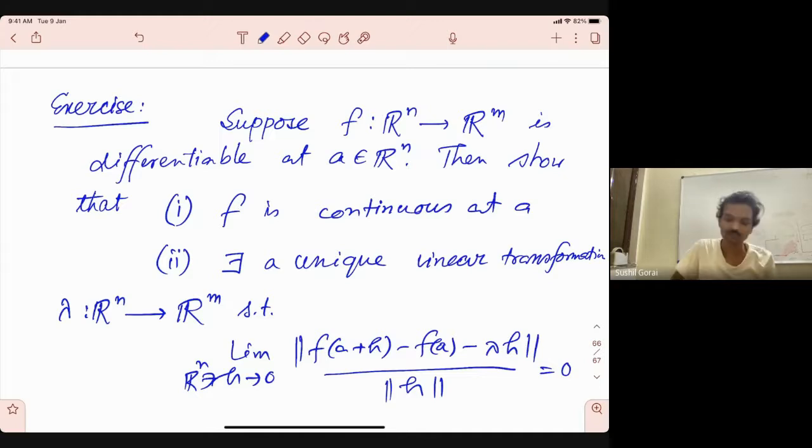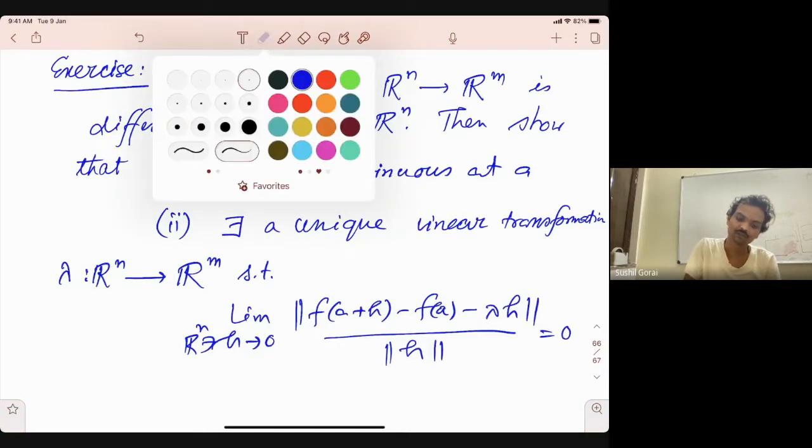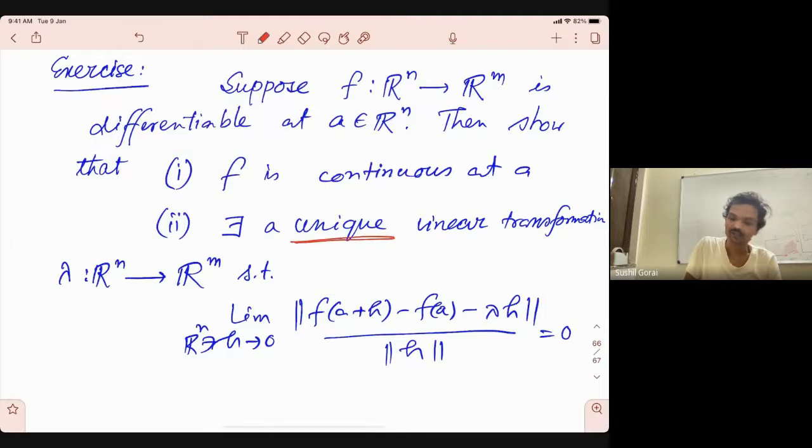So existence of the linear transformation gives you the differentiability, which is already assumed. You need to show the uniqueness. This is the part you need to show, that this is unique. You just try to use the triangle inequality.